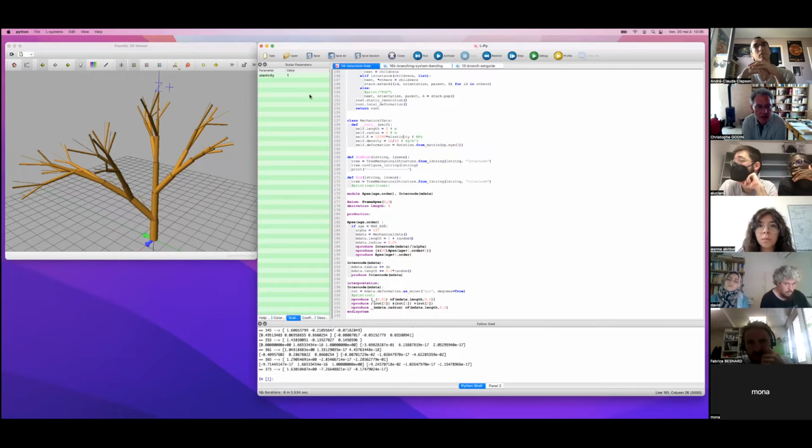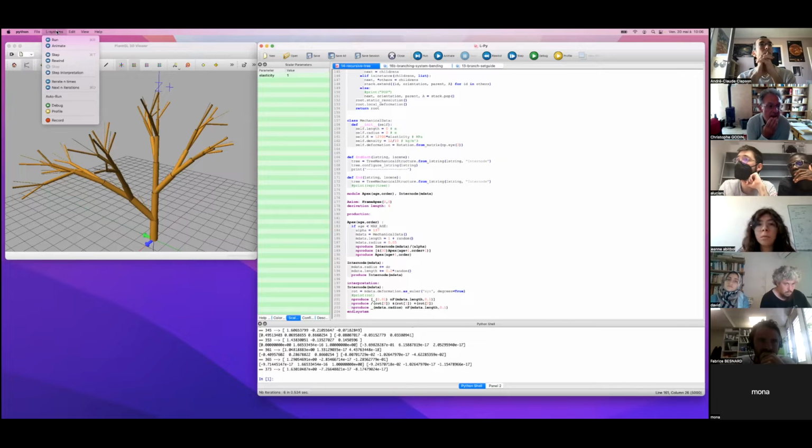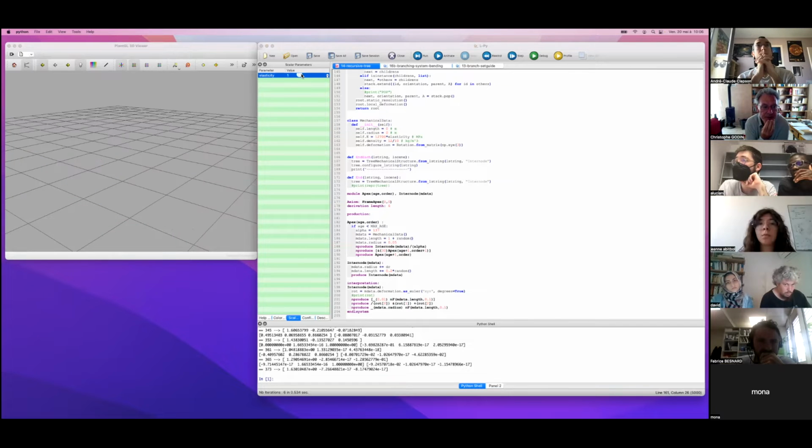Now you go in the L-system menu on the left hand side here, and you click auto run. Yes. And now you click on the elasticity, exactly here. Double click, yes, to edit, and then you move this.